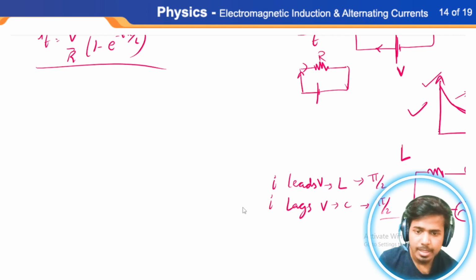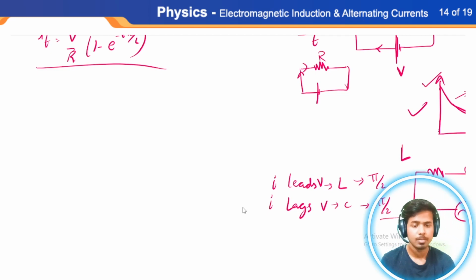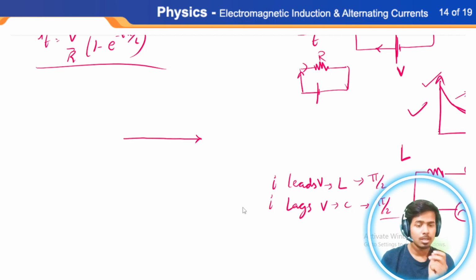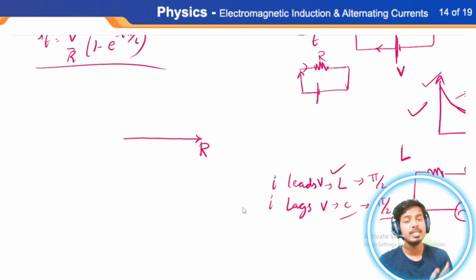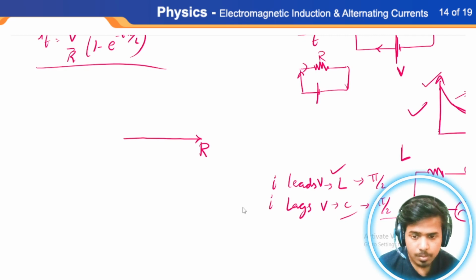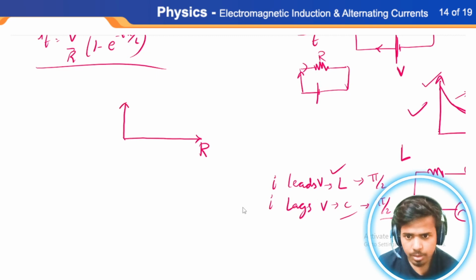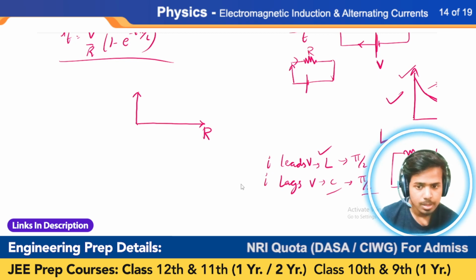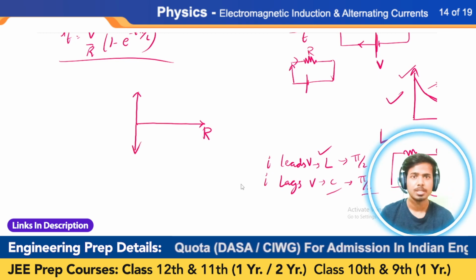If this is clear, then I can draw something called a phasor diagram. Because the current in the resistance, let's take in this direction, then the current in either the inductor or the capacitor is going to be perpendicular to the resistor, right? Why? Because it always lags or leads by pi by 2. This is the reactance of the inductor, and this one is the reactance of the capacitor.